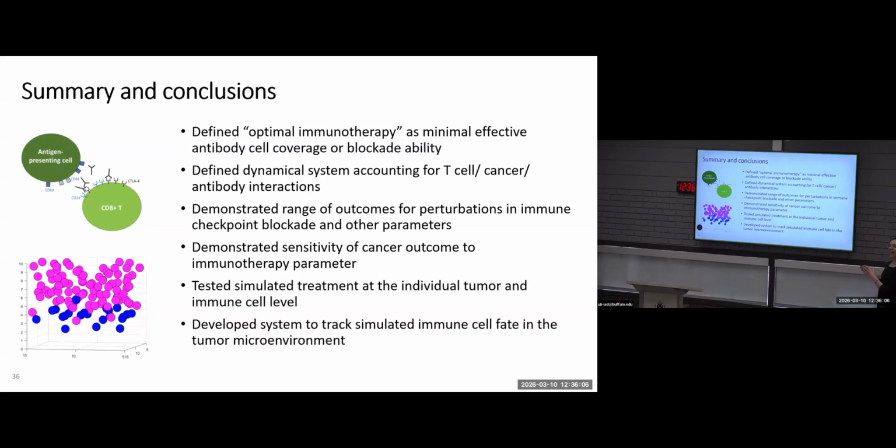We've tested this again at the whole tumor level through a dynamical system and at the individual immune cell level through our combinations of ABMs, PDEs, and then our immune cell exhaustion trajectories as we've defined them.